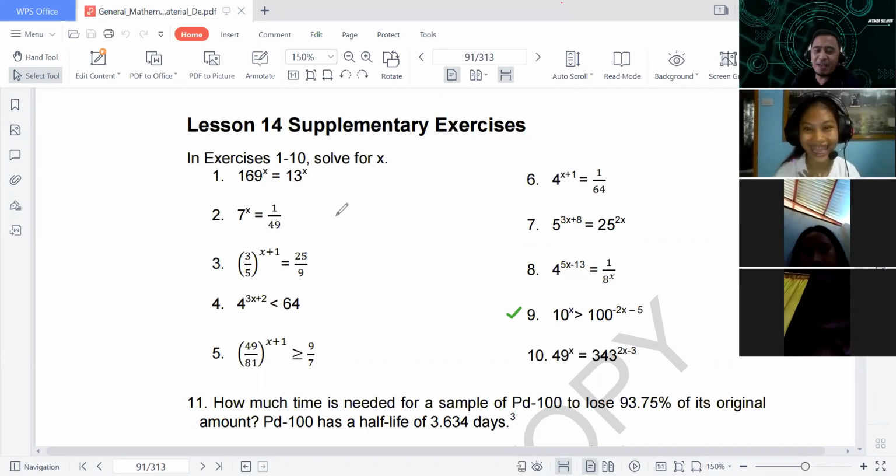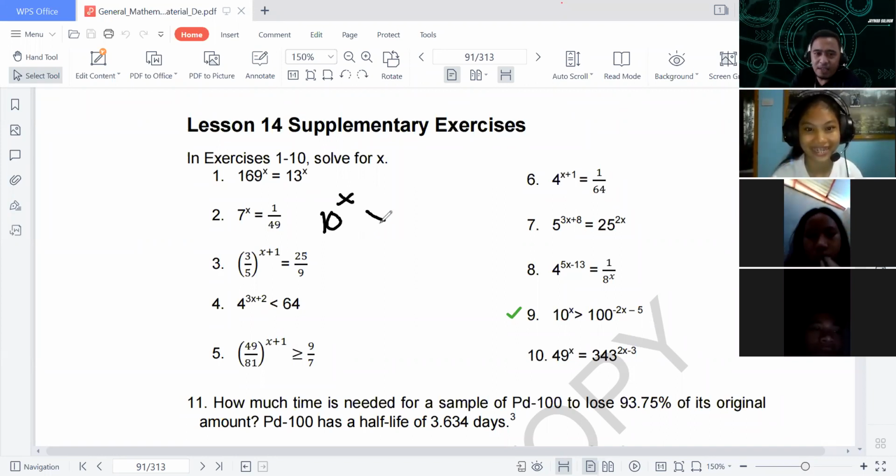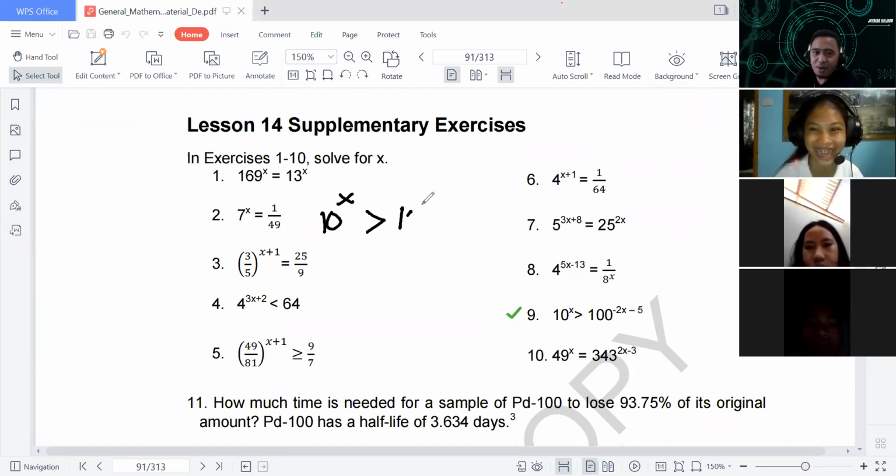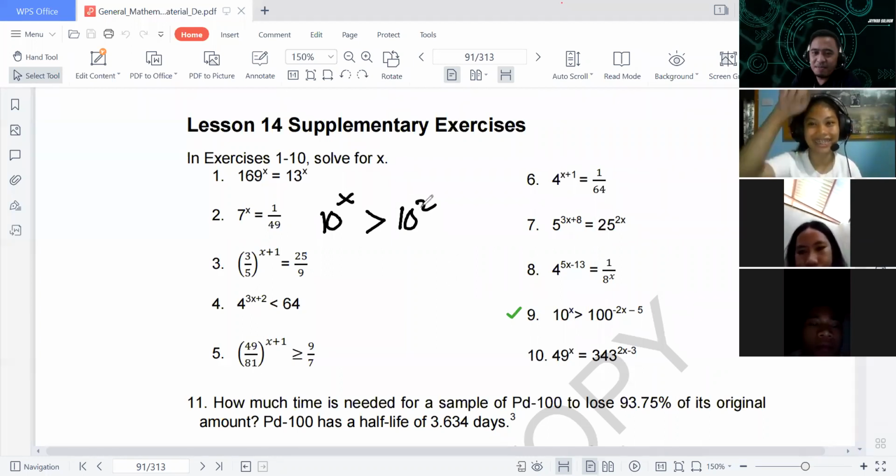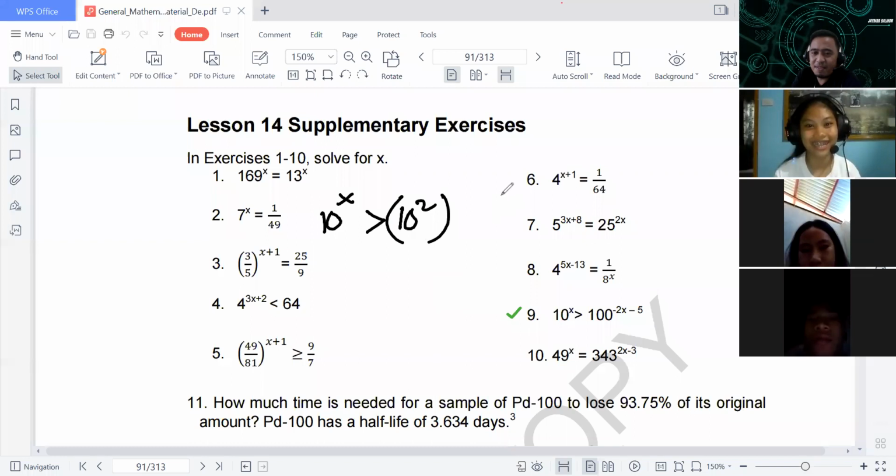Sige, go. 10 to the power of x is greater than, greater than what? 10 squared. Then parenthesis of 10 squared, sir, negative 2x minus 5.